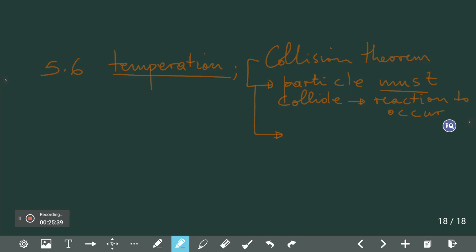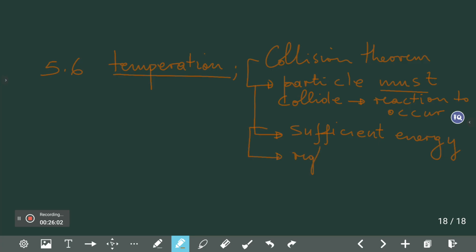Another aspect to this is the right orientation: the right position of the molecules.